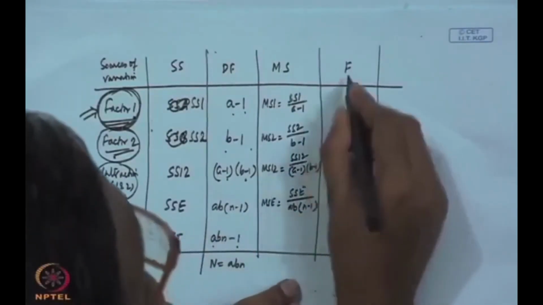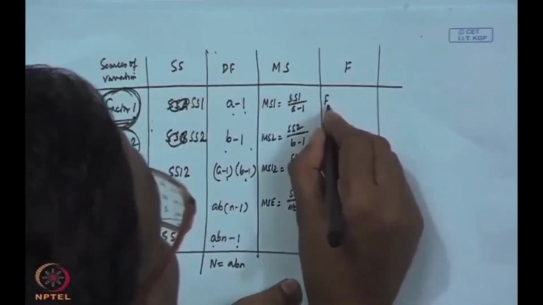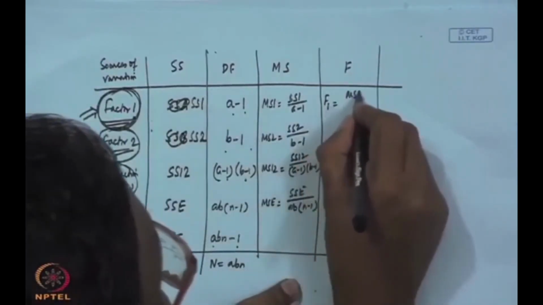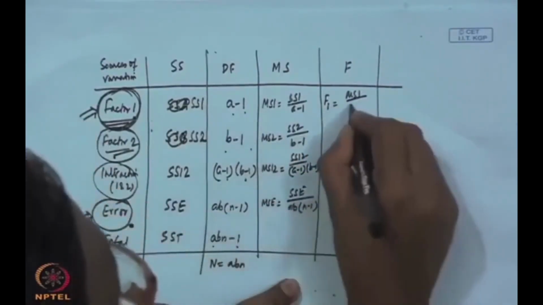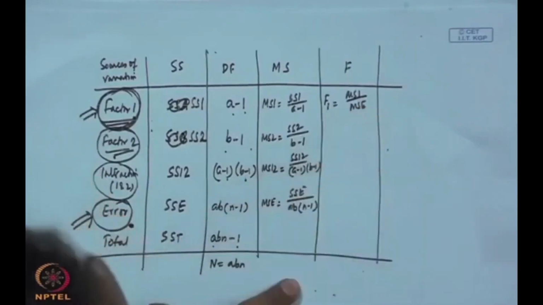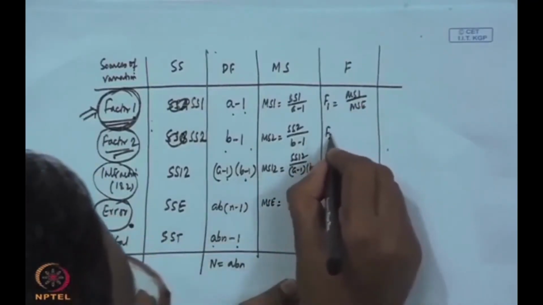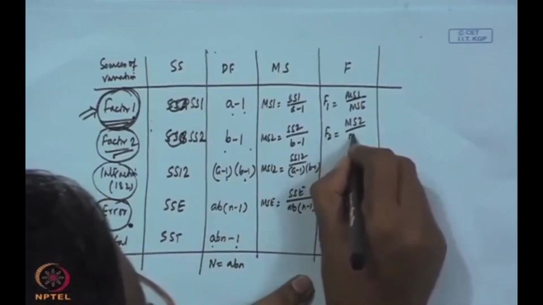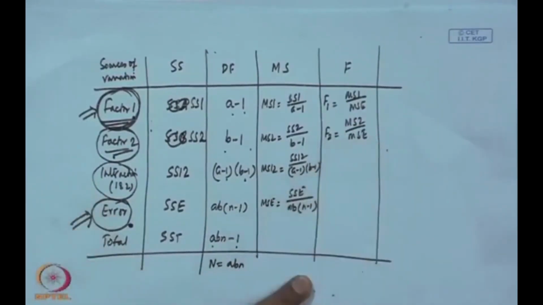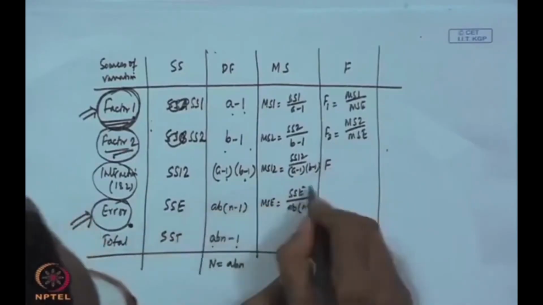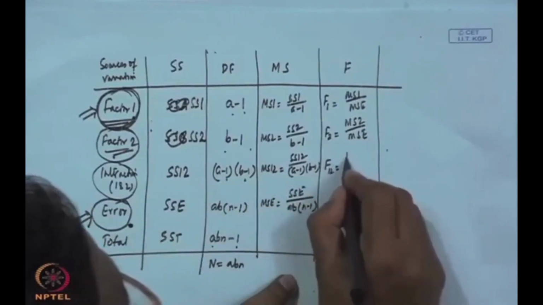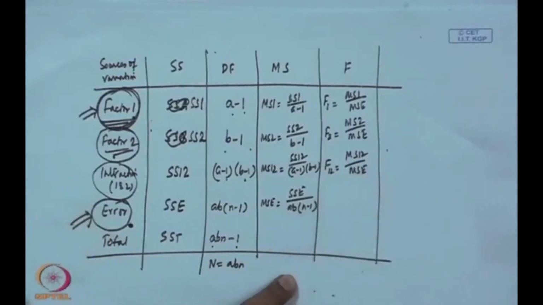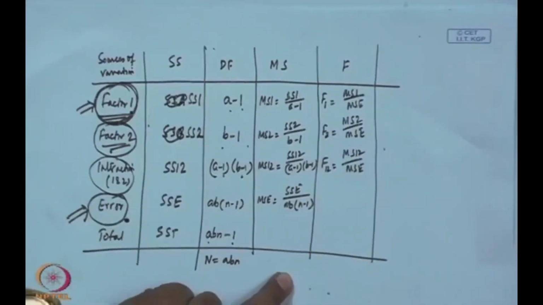So, for F1, for factor 1, this one will be MS1 by MSE. For factor 2, it will be MS2 by MSE. For 12, MS12 by MSE. These are the things you want to test.